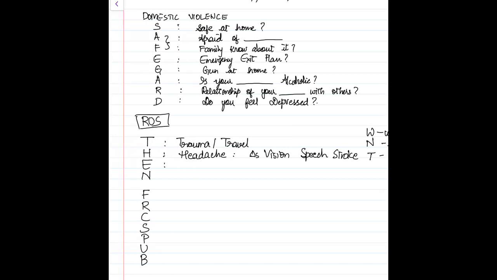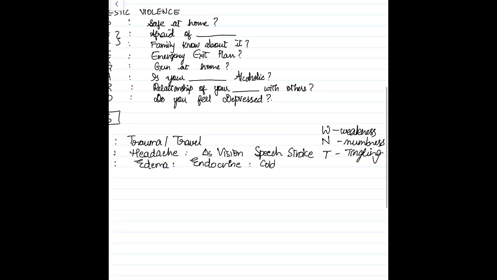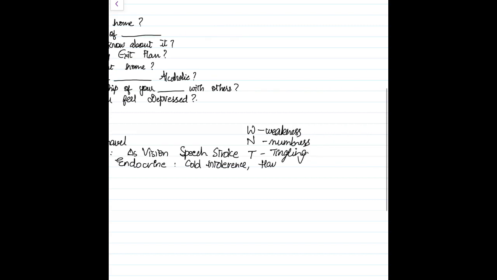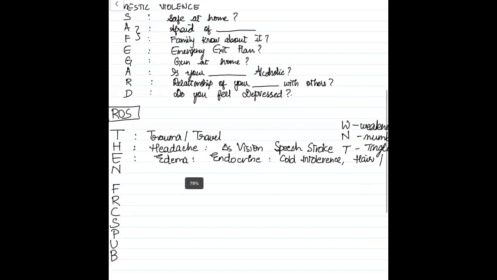E is edema, but I also take it for endocrine. Especially if you have to ask about thyroid, then you have to ask about cold intolerance, and any hair or skin changes. This is the triad that you ask for endocrine.